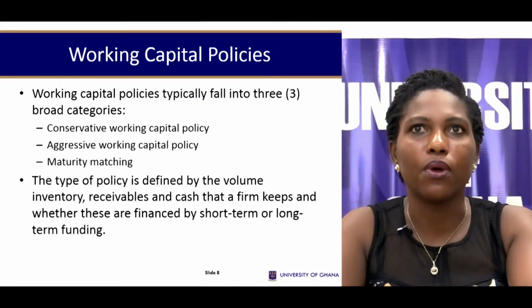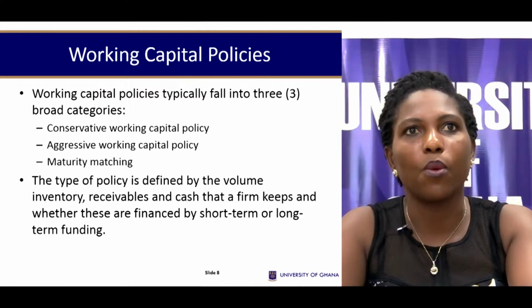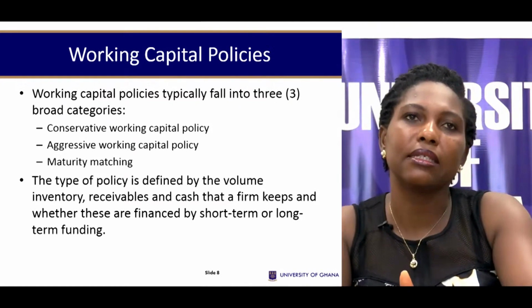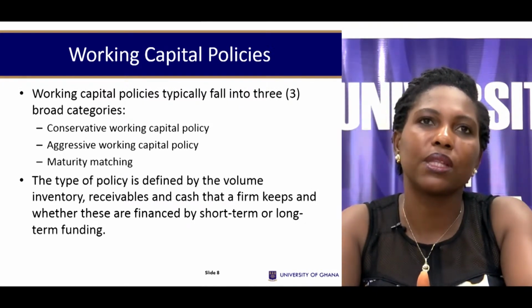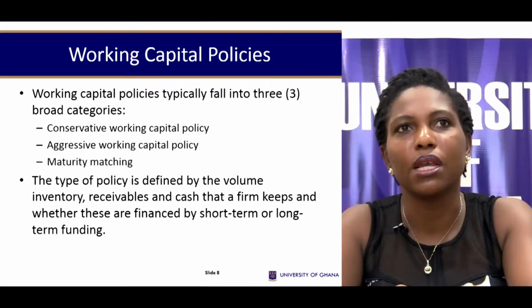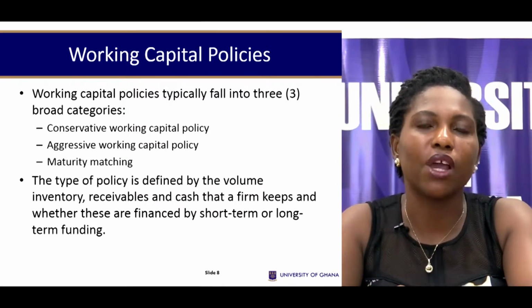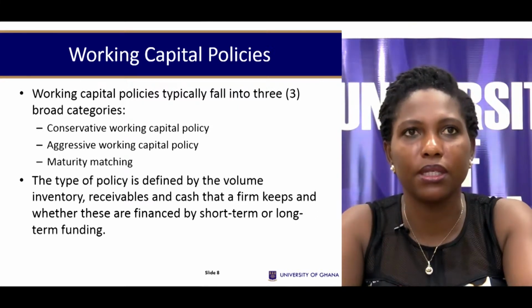So, for example, a firm that has a lot of current assets on hand financed by long-term debt so that it does not run into issues because it wants to take life a bit more slowly, is assumed to have a conservative working capital policy.